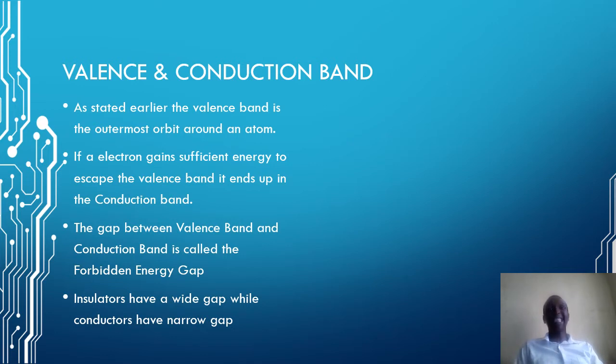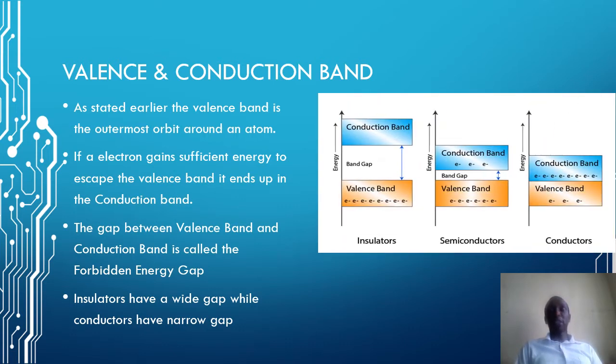And for conductors, this band is very, very narrow, and sometimes it actually even overlaps with the valence band, so that the electron can easily move to the conduction band without a lot of effort. So as shown on the graphic, we have the insulator.